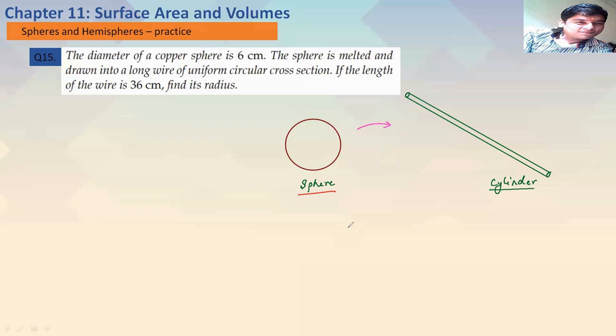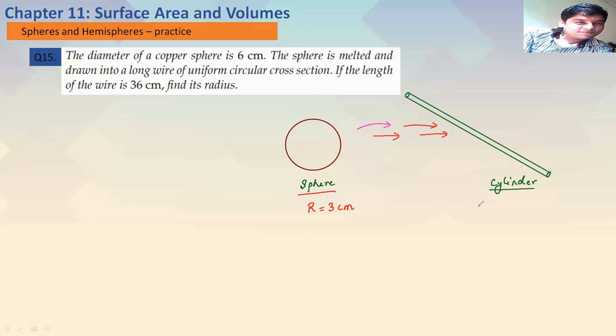I am just asking you about radius. Oh, diameter 6.3. So radius of sphere is 3.3. Let's represent it by capital R.